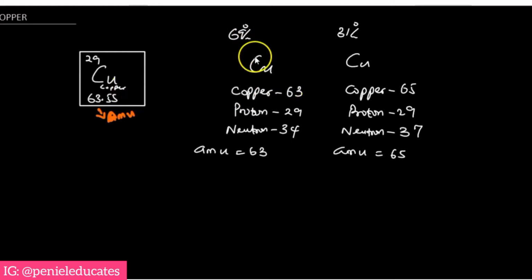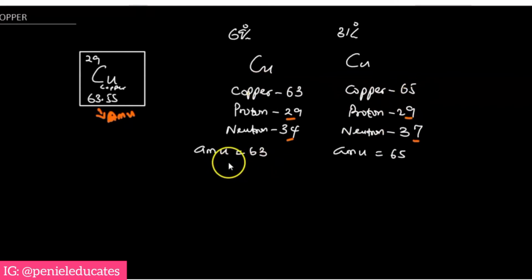Just like the cars, we have GX and GE, copper also has different isotopes. We have copper 63 and copper 65. But you discover that the protons are the same, which is the atomic number. It doesn't change. We only have the neutrons changing, because of the difference in atomic mass number.